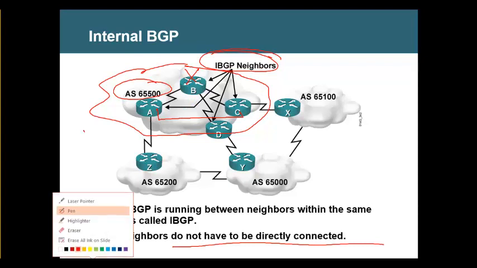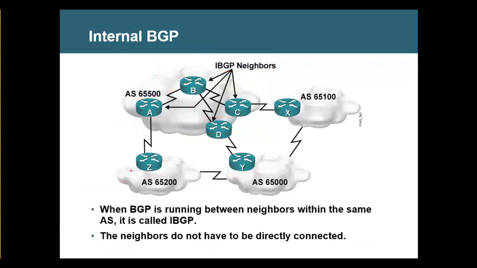If I want OSPF, I need to run it here, here, here. But with BGP, no BGP here. I have BGP here and BGP here. I can still form a neighbor using the reachability which is already provided through OSPF. Because BGP is TCP, this is possible.